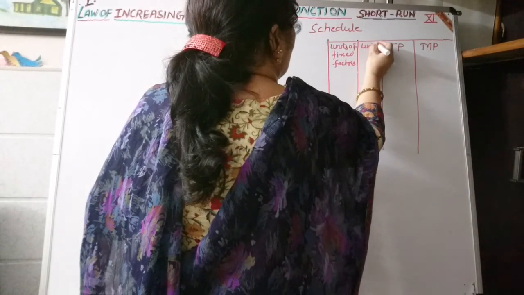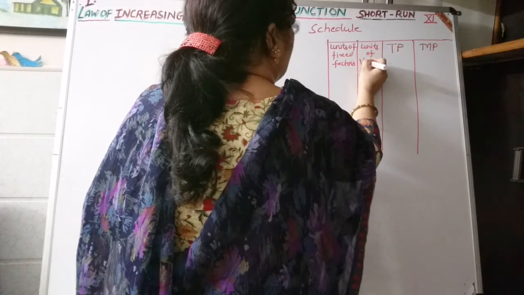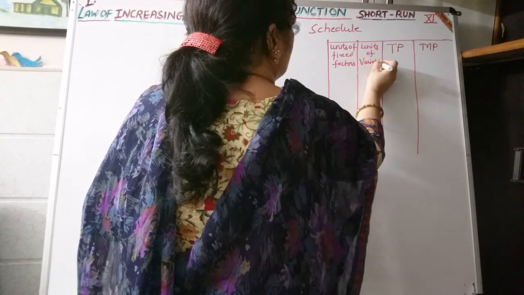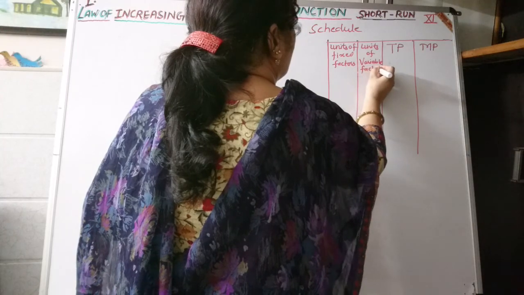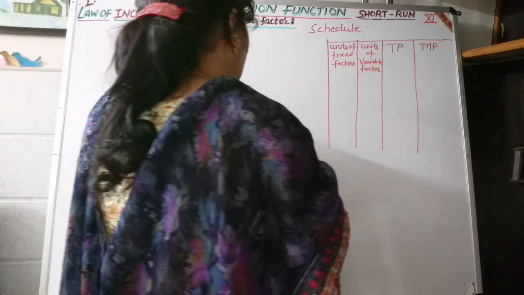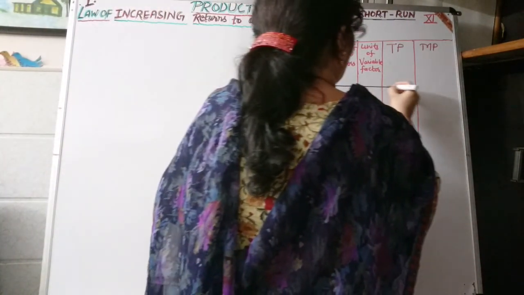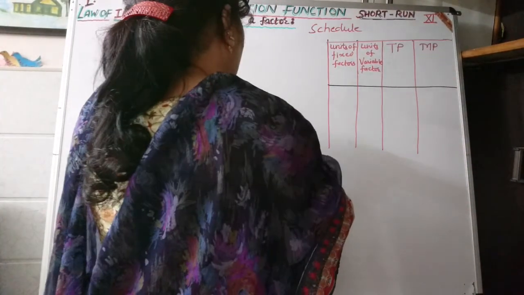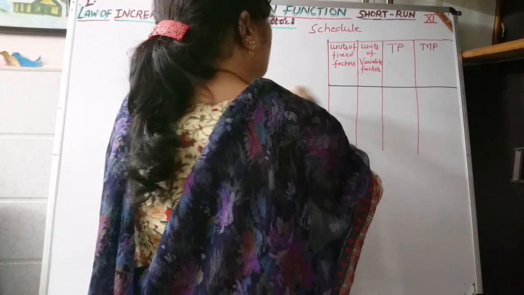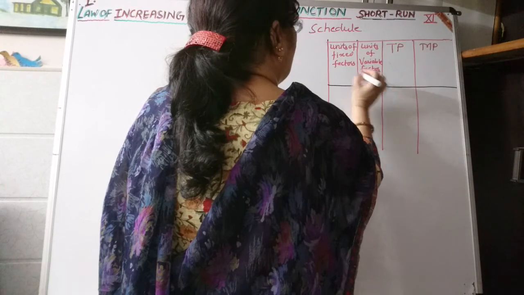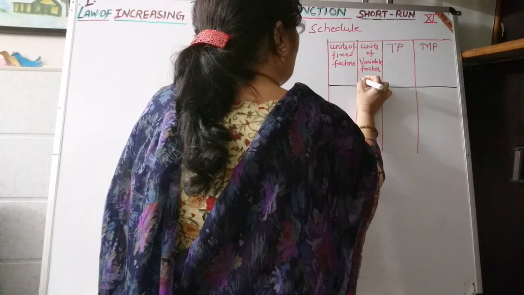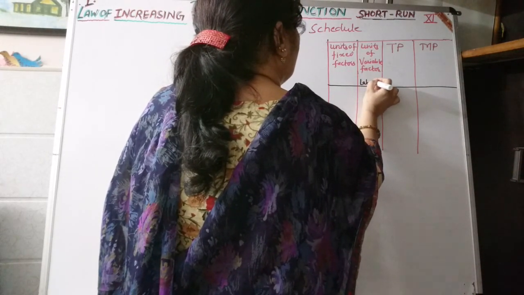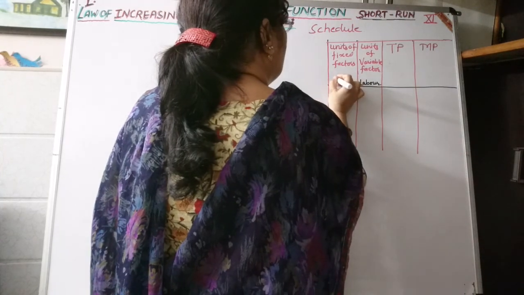Then units of variable factors. Only one factor is variable, and this is also known as unit of variable factor. We assume that the variable factor is labor and the fixed factor is land.